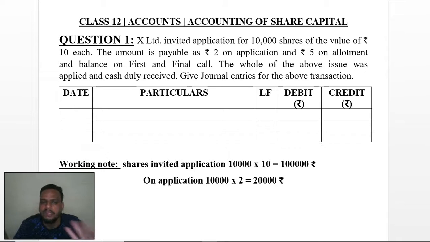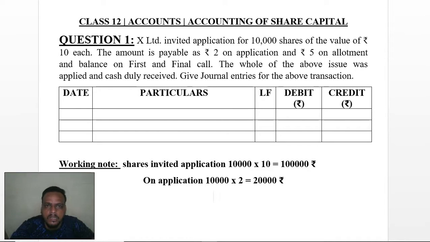Total shares invited is 10,000, at the cost of rupees 10. This 10 rupees is known as the face value. Just understand this concept: it is a fixed rate at which the company is issuing shares. Now on application, 10,000 multiplied by 2 is equal to 20,000 rupees.